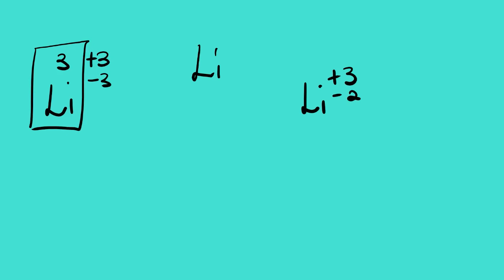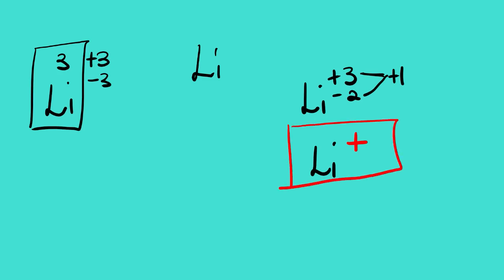In this case, the sum of these two will be 1. So we are going to have something like this. When you see something like this, you should know that lithium has lost or donated 1 electron, and it becomes positively charged.